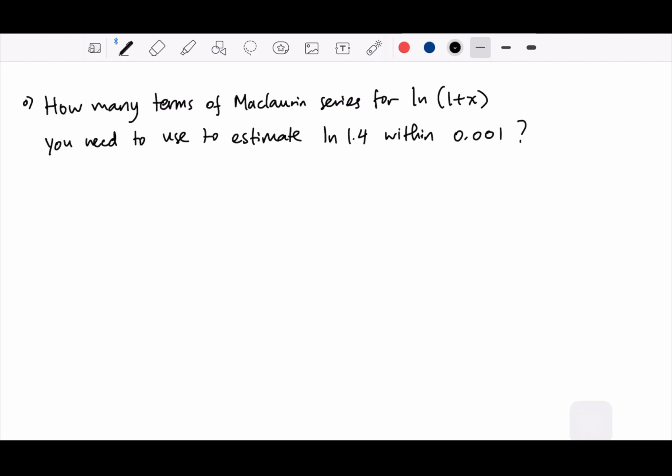So ln(1 plus x) is equal to, we know that this is our representation for the series.